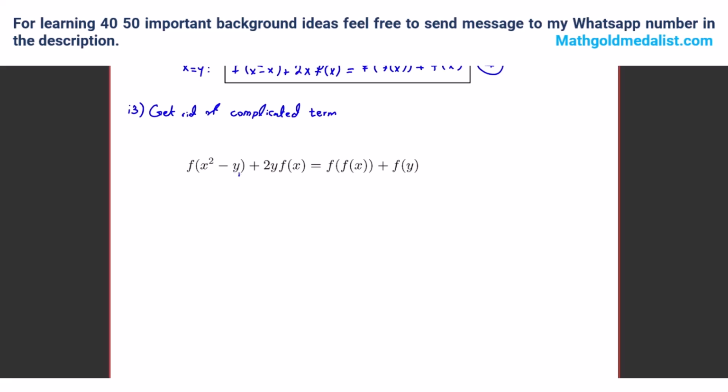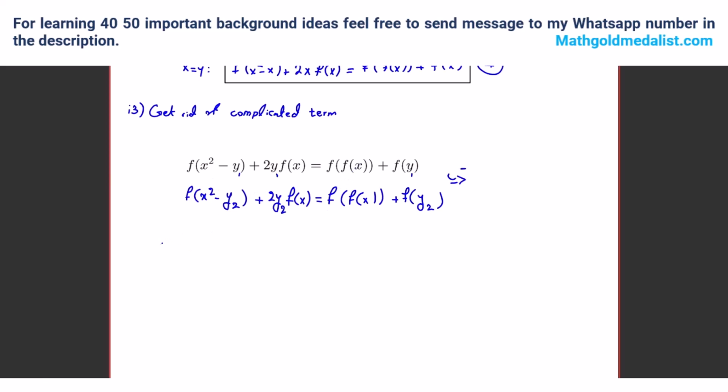So I consider y1 and y2. 2y1 and f of x squared minus y2 plus 2y2 f of x. Here at the end we can understand that it's not useful, but in the beginning we don't know which of them is useful. So I tried also this one, and if we subtract, these two things will be cancelled.